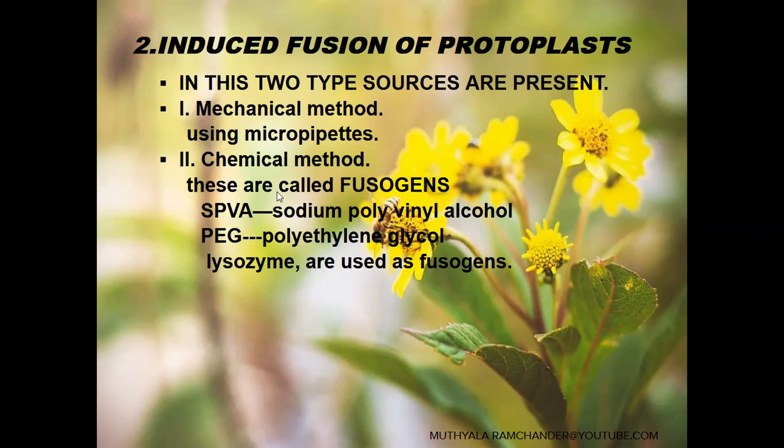In the induced method, we used micropipettes to put pressure on the protoplast, which is called mechanical method. And we used chemicals for the protoplast fusion, called fuse agents. That process is called chemical method of induced protoplast fusion.